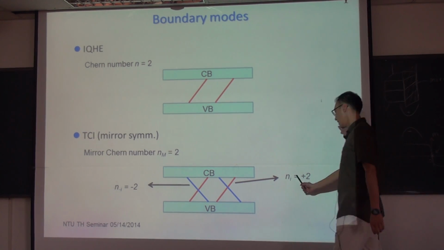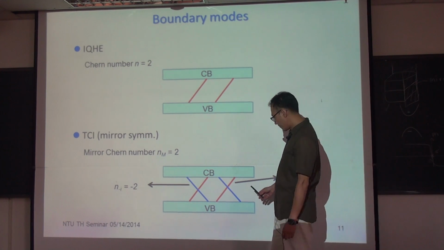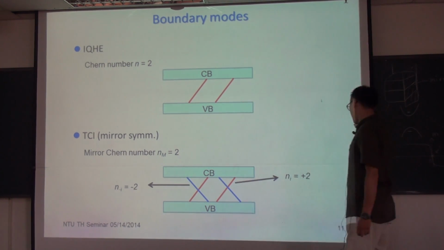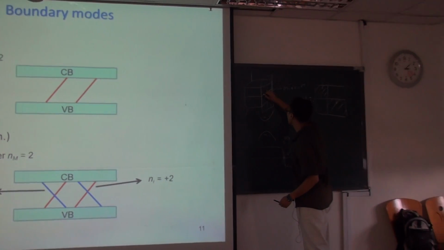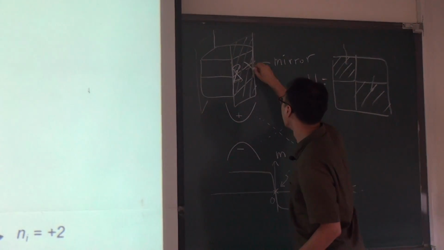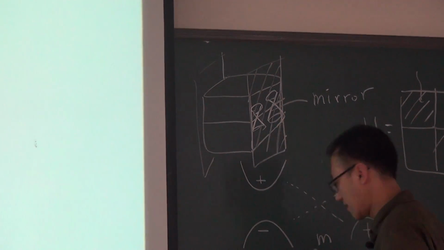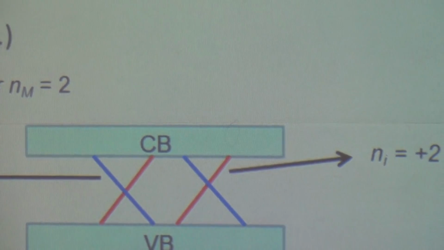This is because they are simply constrained by the time reversal symmetry. So that's why in a mirror symmetry protected topological insulator, if you consider this plane at this mirror plane position, you will find two Dirac cones. This one is one Dirac cone, and the other is the other.